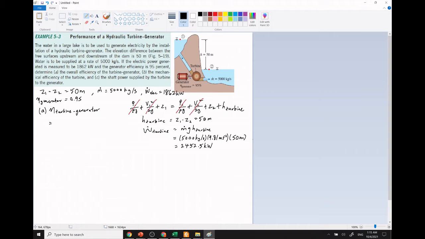And then we must also know the electricity that is generated as a result.